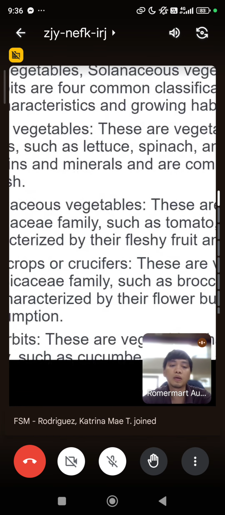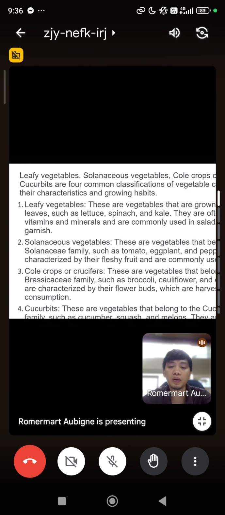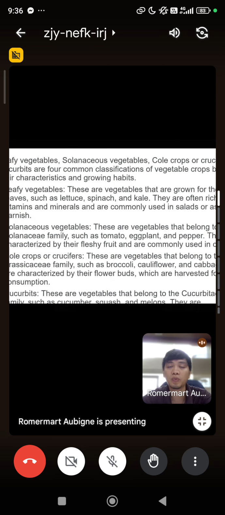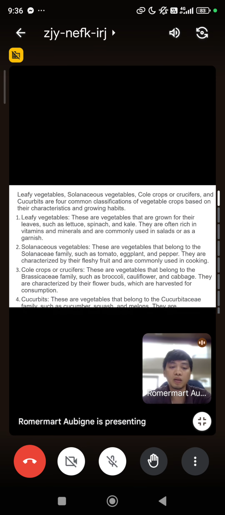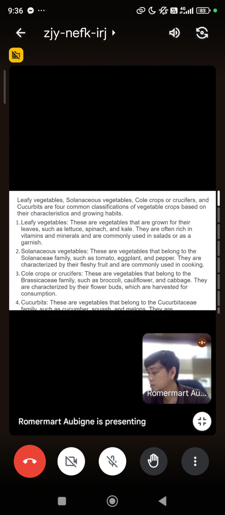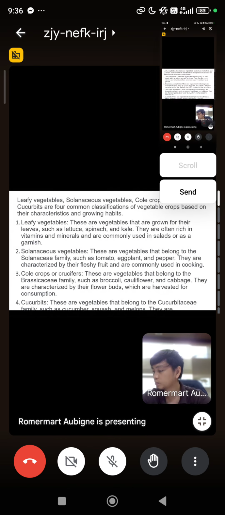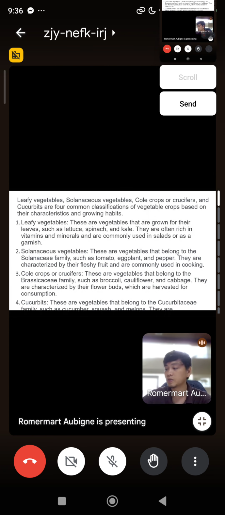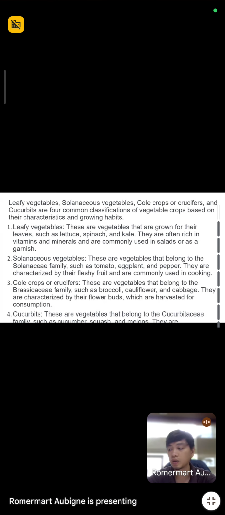They are characterized by their flowering buds, which are harvested for consumption. And last is cucurbits. These are vegetables that belong to the Cucurbitaceae family, such as cucumbers, squash, and melons. They are characterized by their fleshy fruits and are commonly used in cooking and salads.